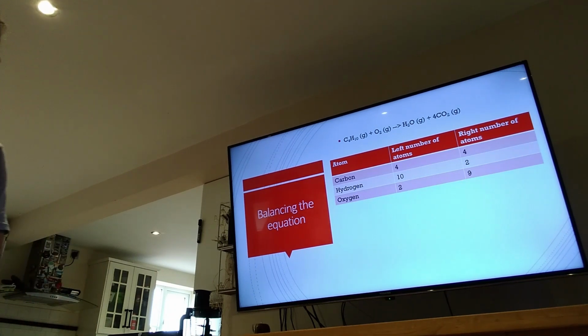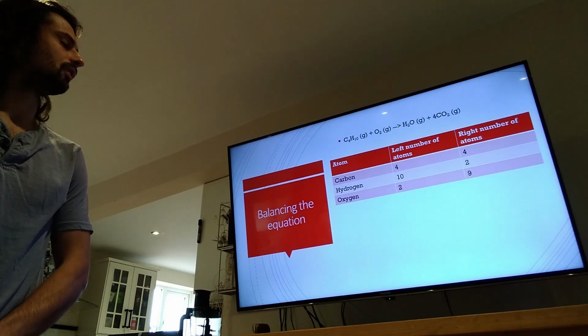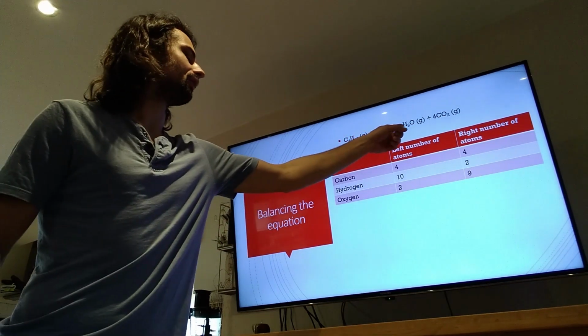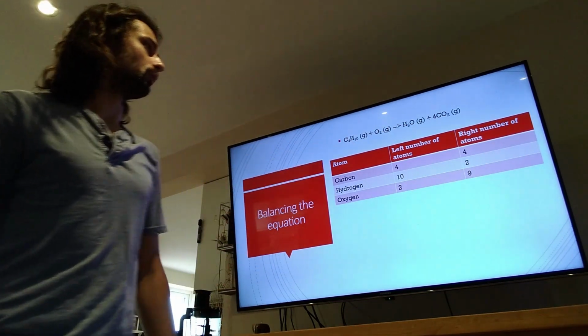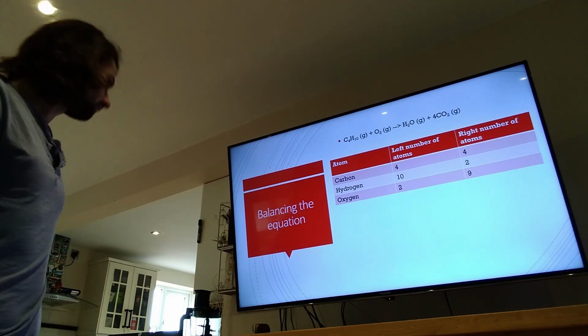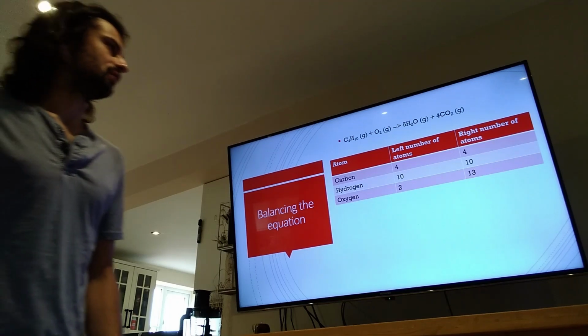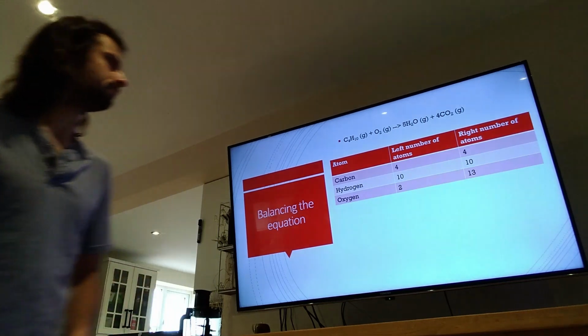So the next step we can take is to try and balance out the number of hydrogens, and to do that we add 5 in front of the water there. So we have 5 molecules of water. We can see that also changes the number of oxygen atoms as well.